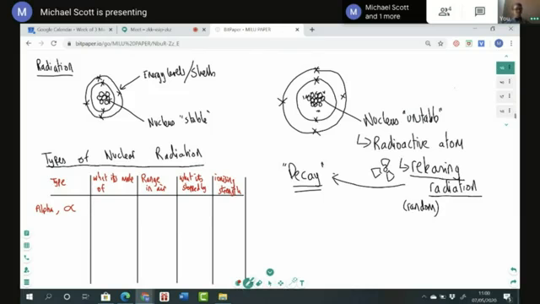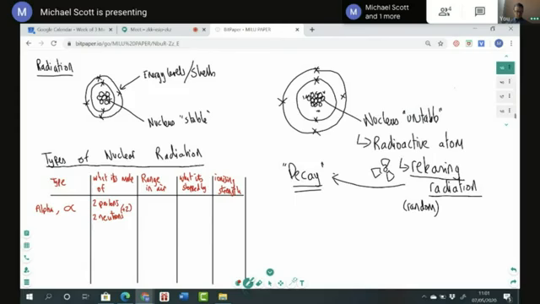As I've said, let's focus on alpha first, and then we can look at the other 2 types of radiation. So alpha radiation is made of 2 protons, and it's also made of 2 neutrons. Because it's made up of 2 protons and 2 neutrons, the charge of an alpha particle, or alpha radiation, is +2.